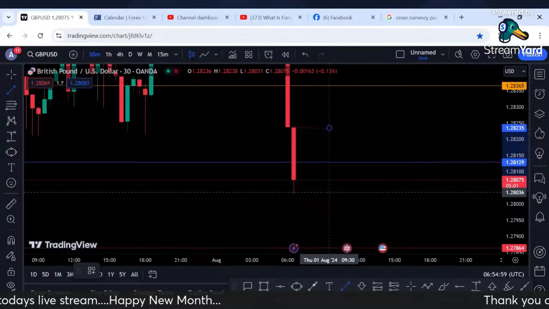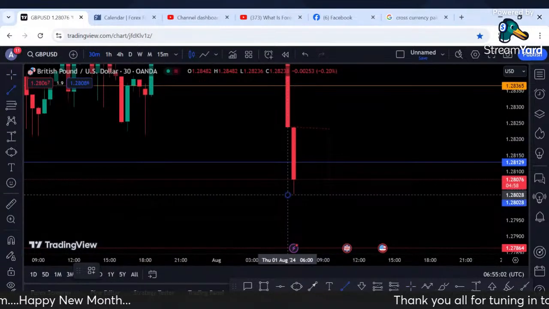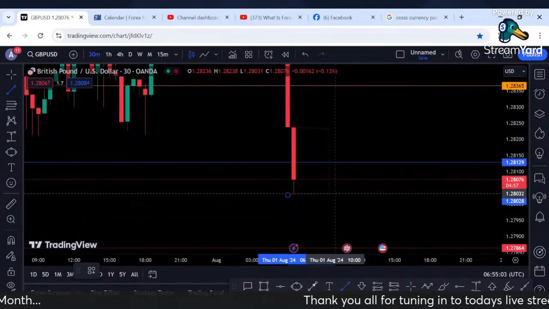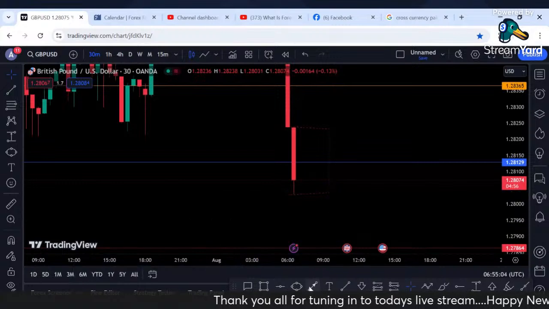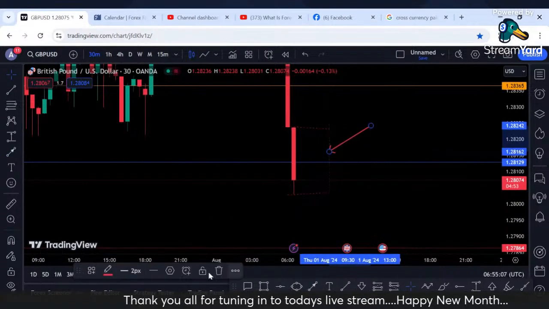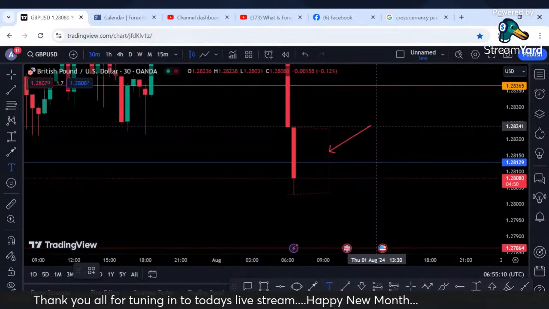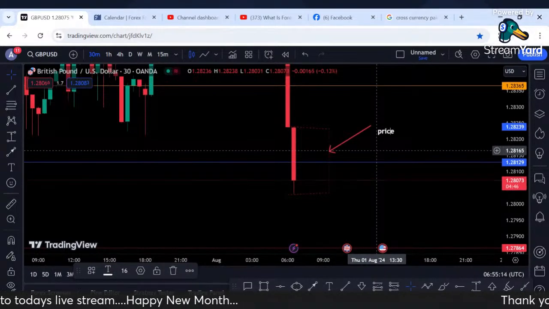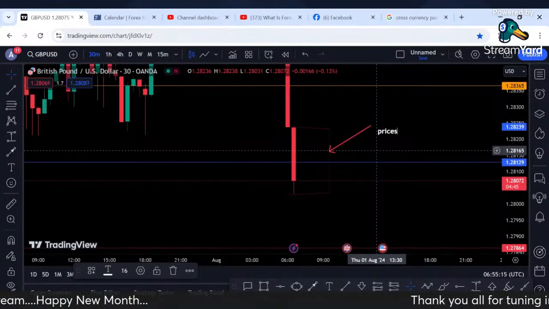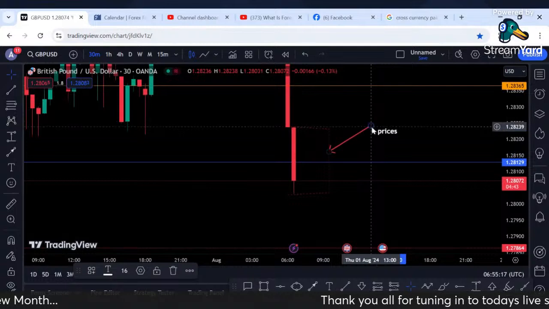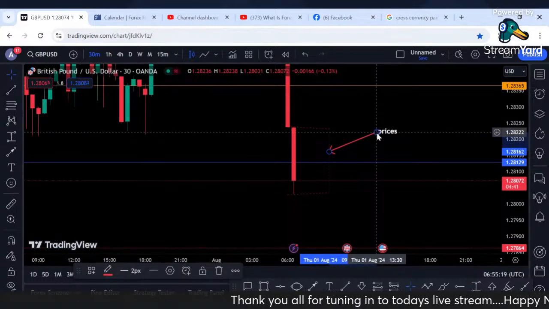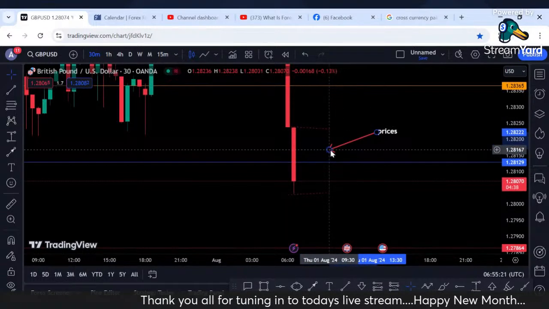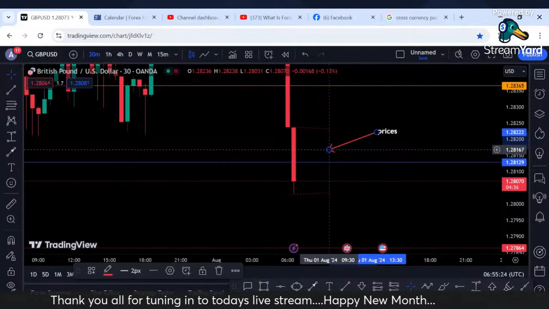These things you see over here are all prices paid by people buying and selling the currency pair. They are prices. You get it? They are all prices.